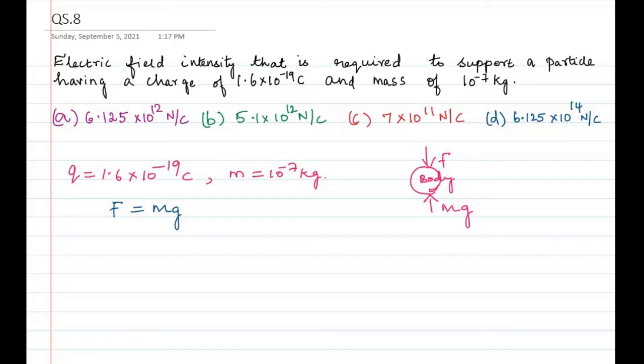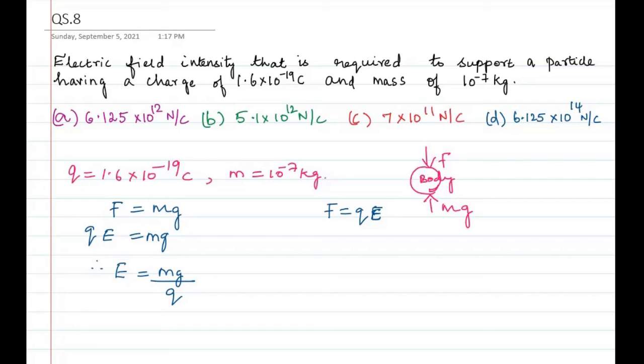Now you have to find the electric field intensity. We know that F is equal to QE, the force experienced by the charge in the electric field. So QE is equal to mg. Therefore E will be equal to mg by Q.